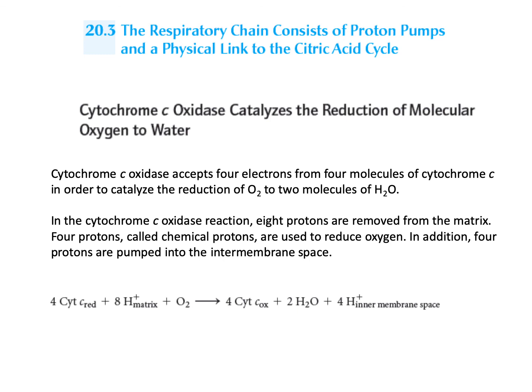In the cytochrome C oxidase reaction, 8 protons are removed from the matrix. 4 protons, called chemical protons, are used to reduce oxygen. In addition, 4 protons are pumped into the intermembrane space.